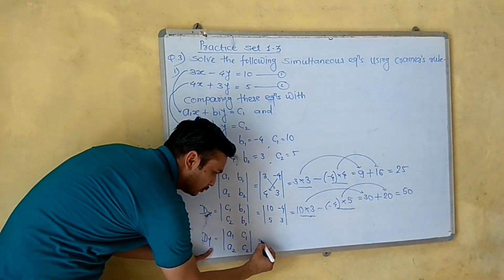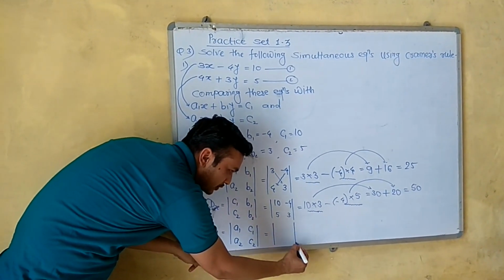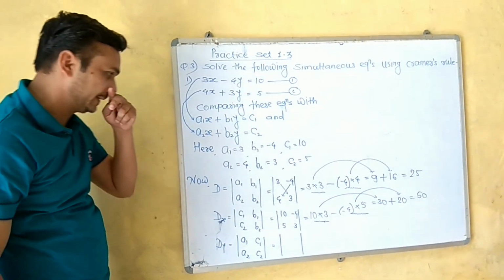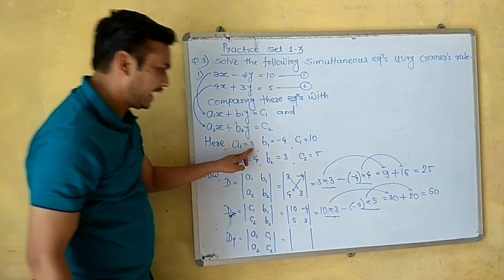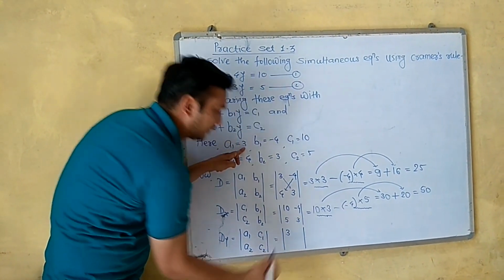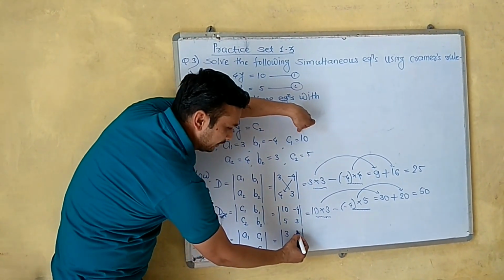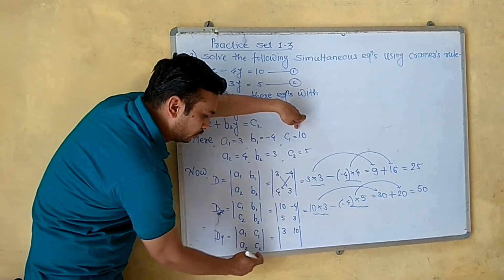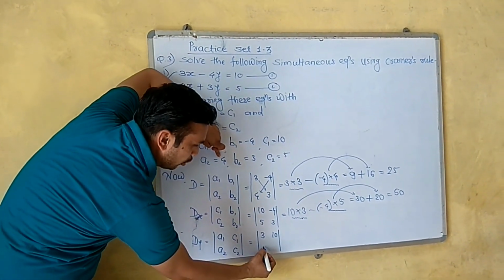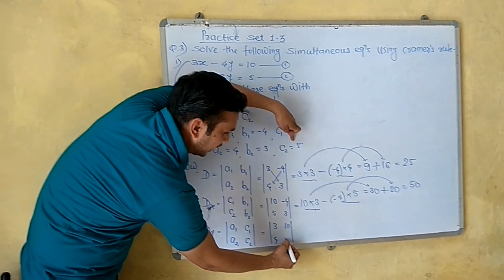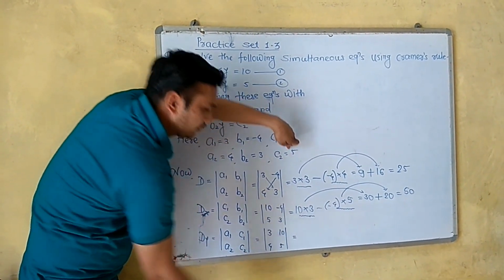That is equals to, now put the values, a1, c1, 3, 10, a2, c2, 4 and 5.